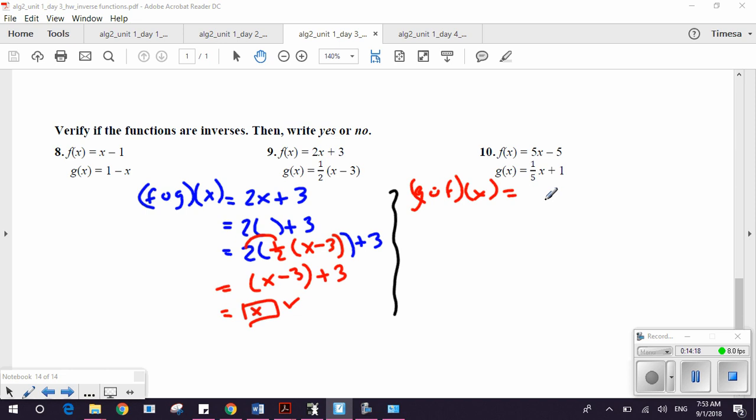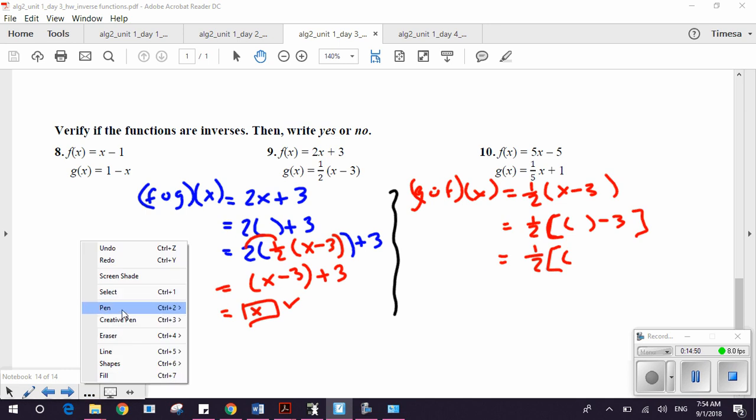So this time our candy shell is the g function, so it's 1 over 2 times x minus 3. So now I see x inside the parentheses, so I'm going to turn this into a bracket so that the parentheses don't get confusing. Now I'm ready to insert my gum function f into the g function.